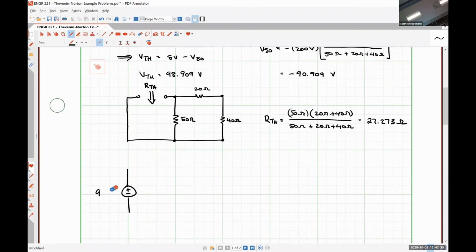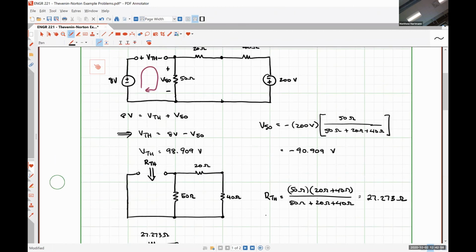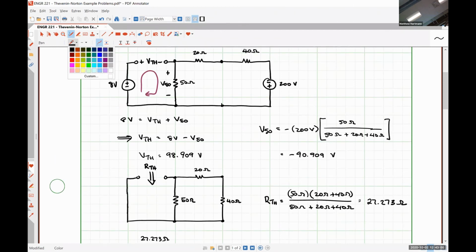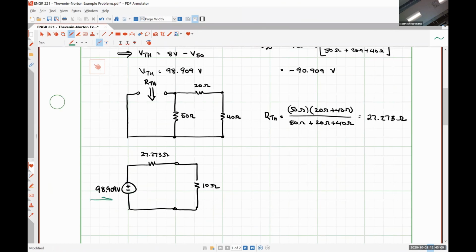So this big circuit that we have here up at the top is electrically equivalent to this. So we've taken this guy here and we've converted it down into a simple practical voltage source, 98.9 volts in series with 27.273 ohms, connected to our load resistor of 10 ohms.